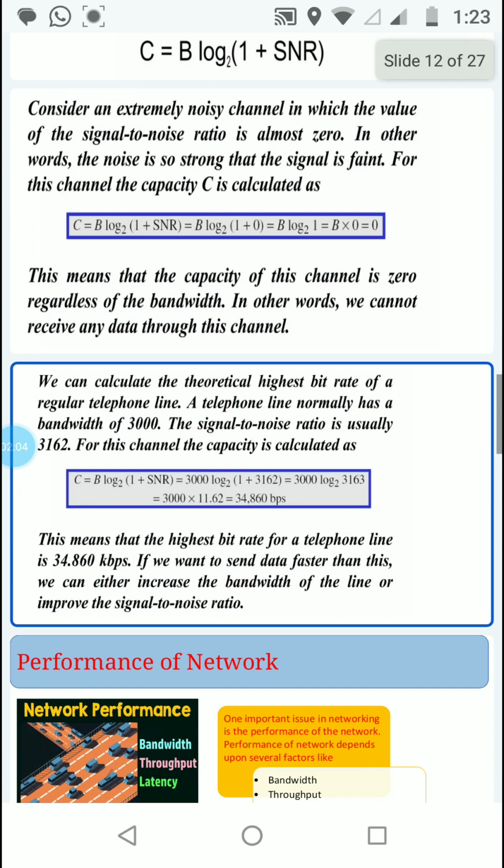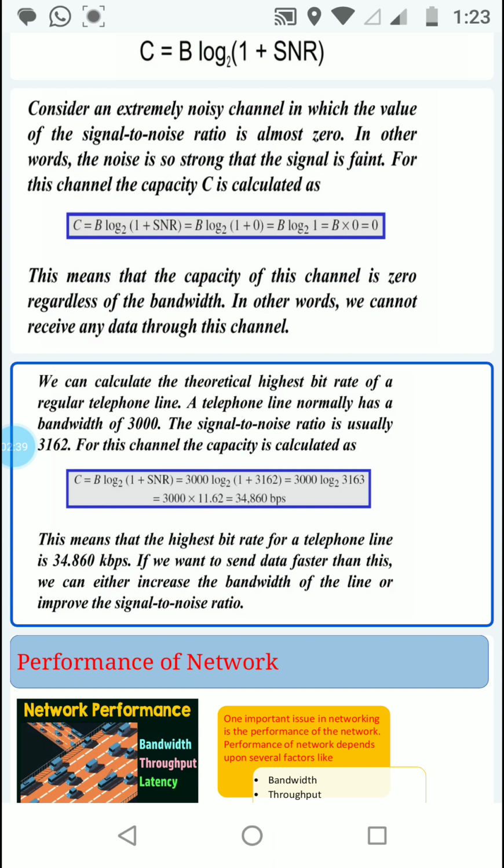Next example: we can calculate the theoretical highest bit rate of a regular telephone line. A telephone line normally has a bandwidth of 3000 hertz, and the signal to noise ratio is usually 3162. For this channel, the capacity is calculated as C equals B log2(1 plus SNR), which is 3000 log2(1 plus 3162), that is 3000 log2 3163.